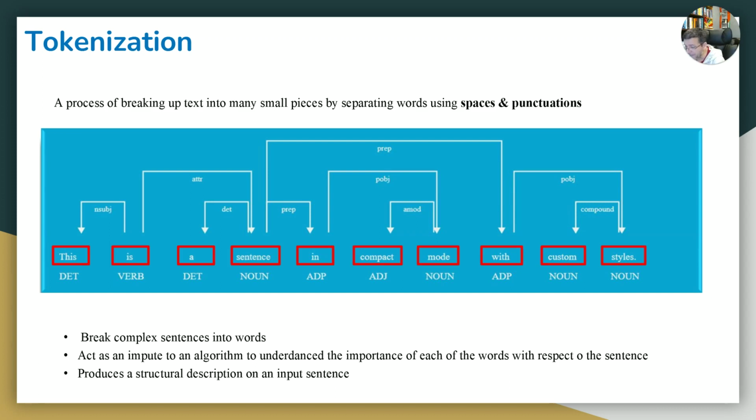So the very first thing that we gotta do as data scientists is convert or split the entire document into the smallest unit, called tokenization. The process of converting or splitting your documents into the smallest units is called tokenization, and the small units are called tokens. So why do we need to do that?